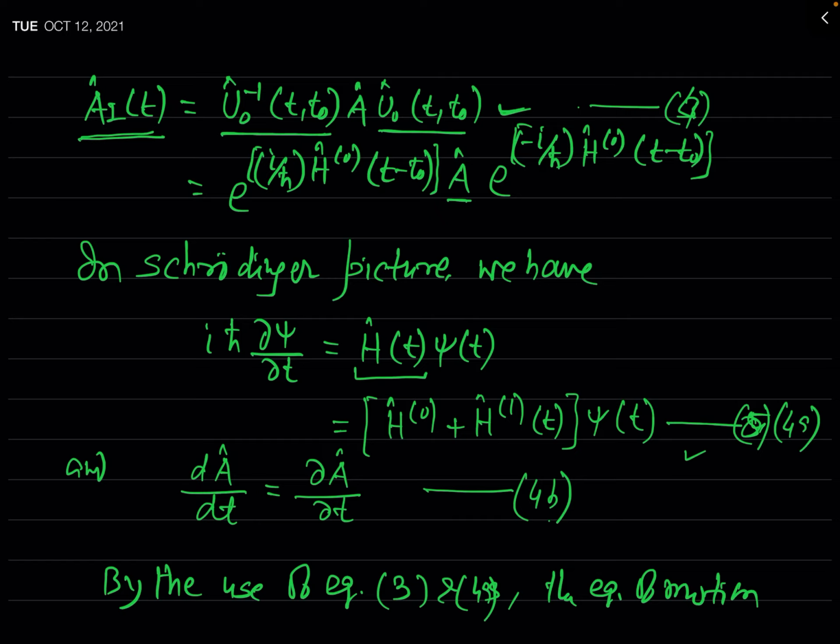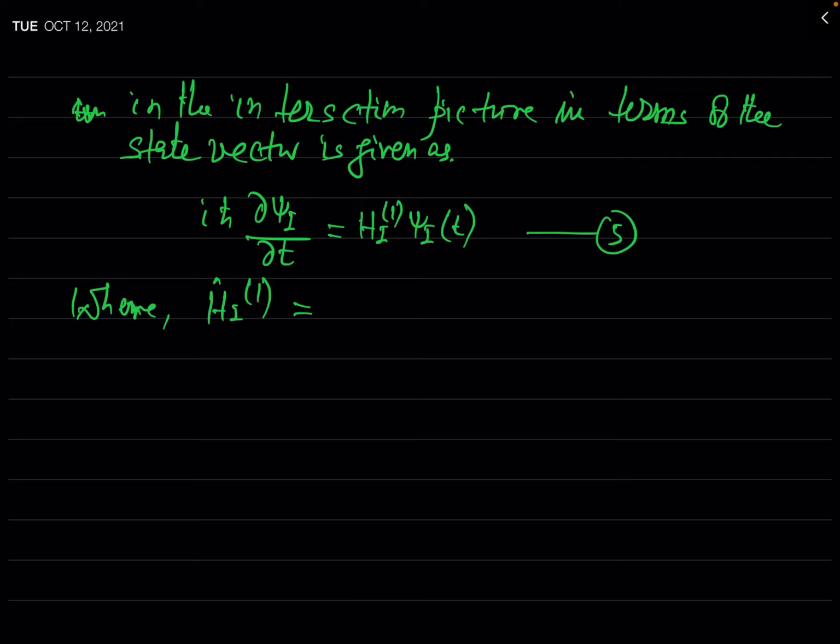So in the light of equation 4, you can define this operator H_I hat of 1 like this: U naught hat inverse of t comma t naught, H hat 1, and U naught hat of t comma t naught.